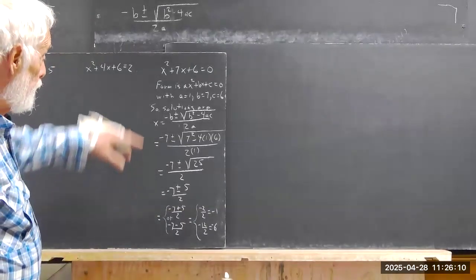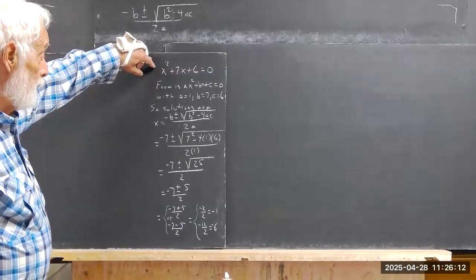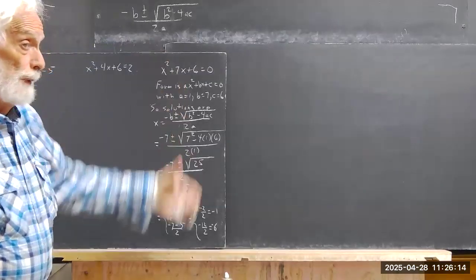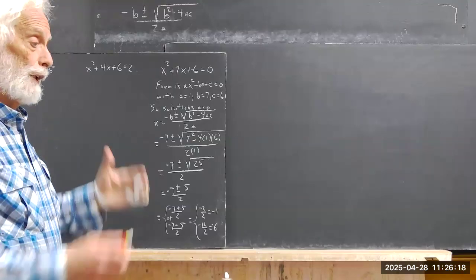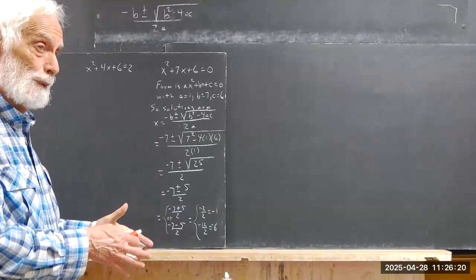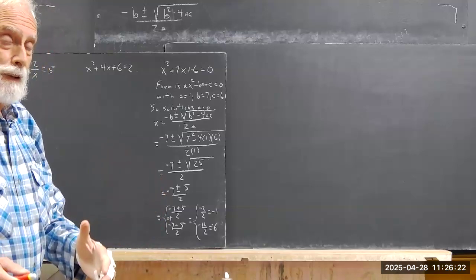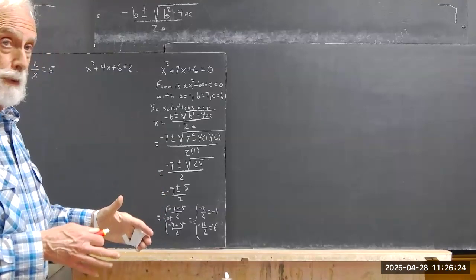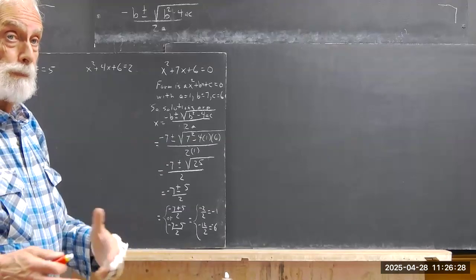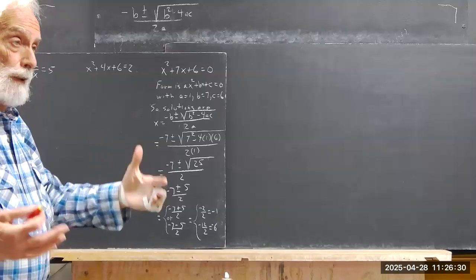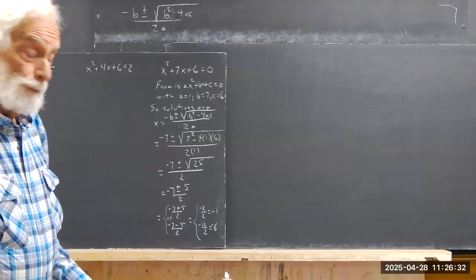Now, I'll comment that this factors as x plus 1 times x plus 6. So x plus 1 equals 0, we give you a solution. And x plus 6 equals 0, we give you a solution. We saw that when we talked about factoring.